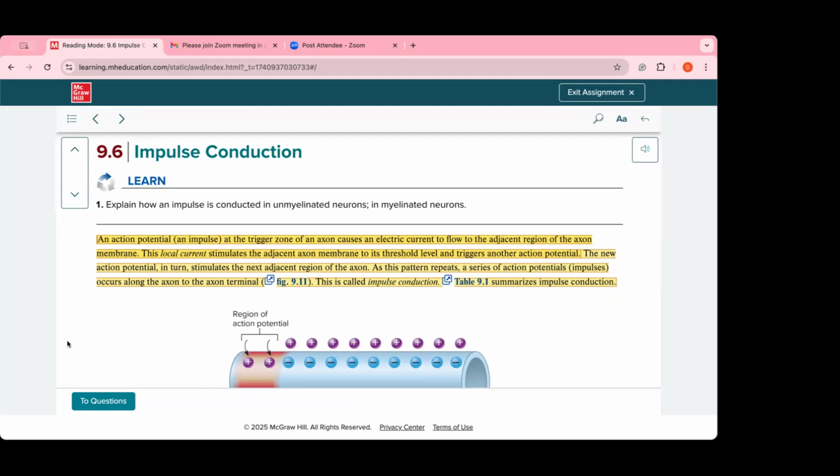The new action potential stimulates the new adjacent region of the, okay, so, let's go back to the question.